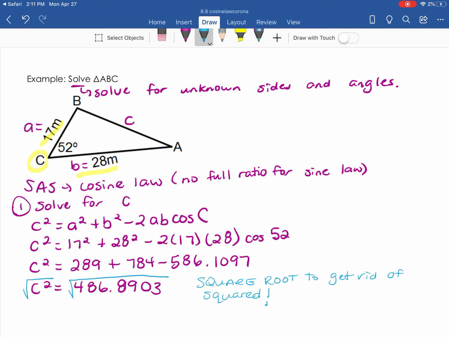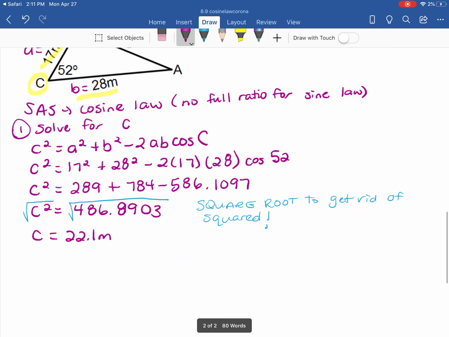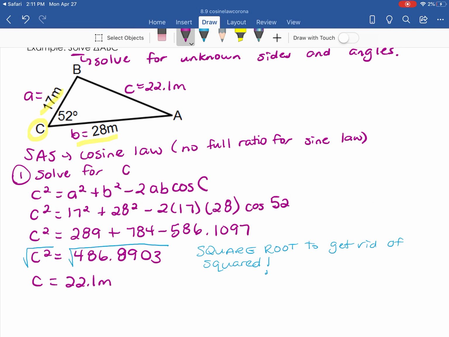To get rid of the squared, you have to square root. Okay, don't forget that step. 22.1 meters.